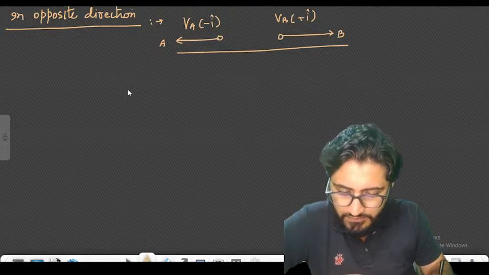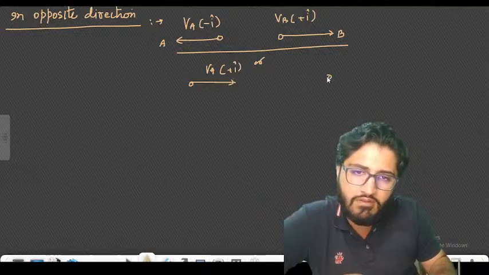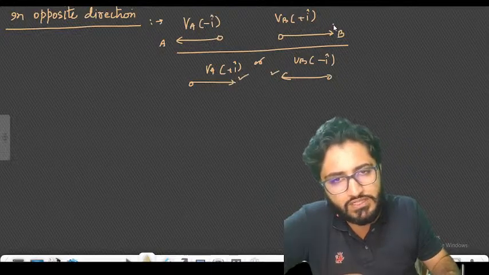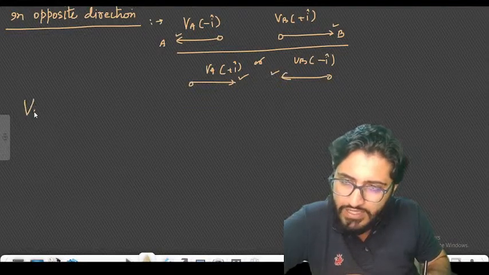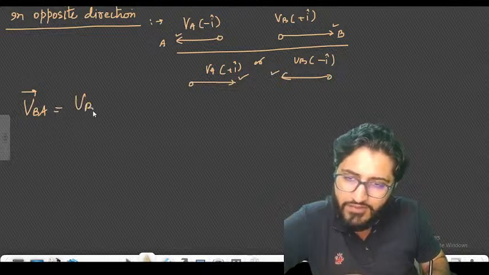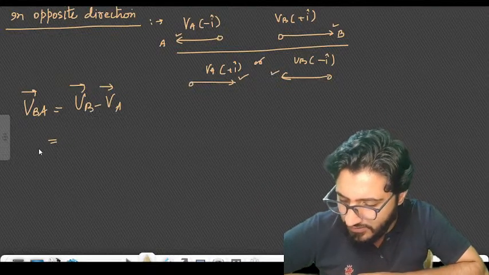Or you can write it the other way, both are the same case. So what is VBA? As per formula, it is VB minus VA.